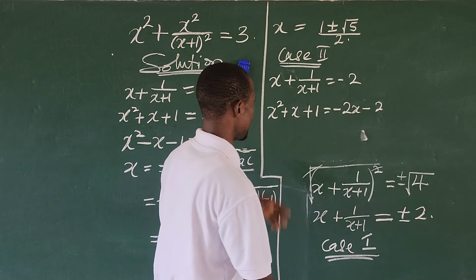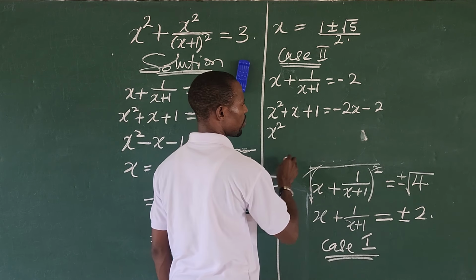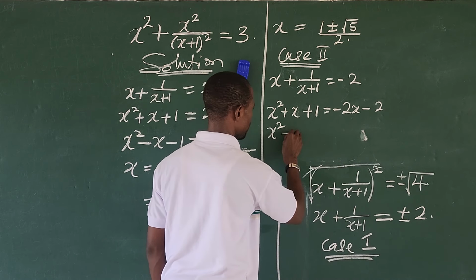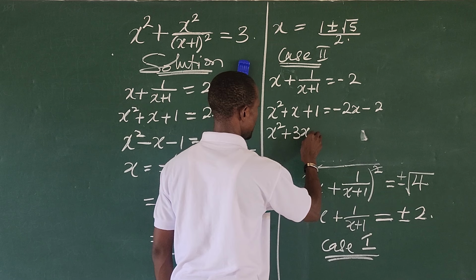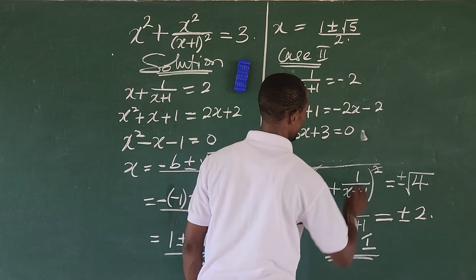Again, we collect our like terms and move all the terms to this side of the equation. So this is going to give us x squared plus our 3x, then plus 3 equal to 0.